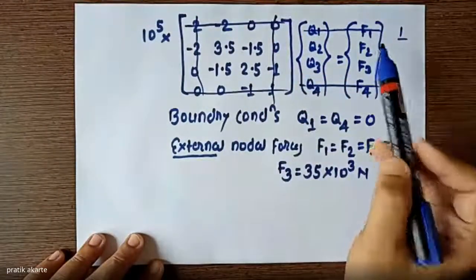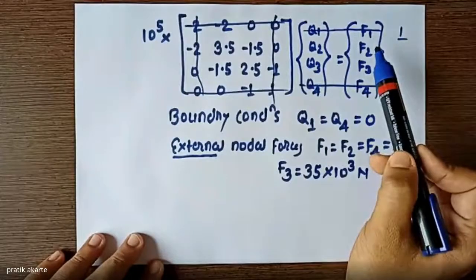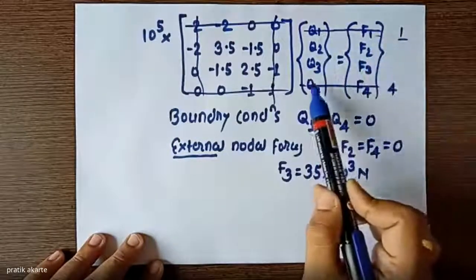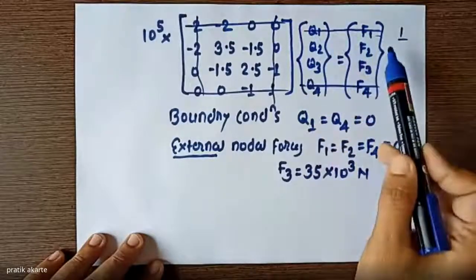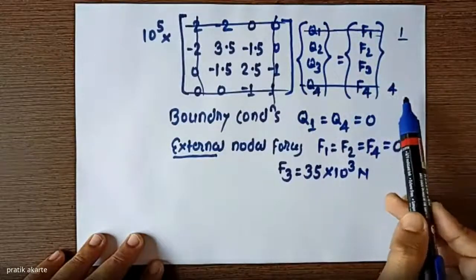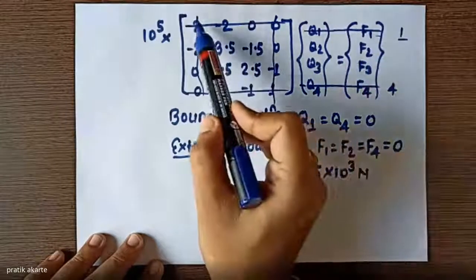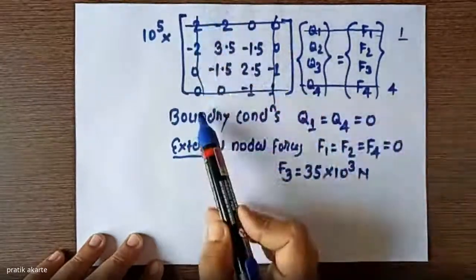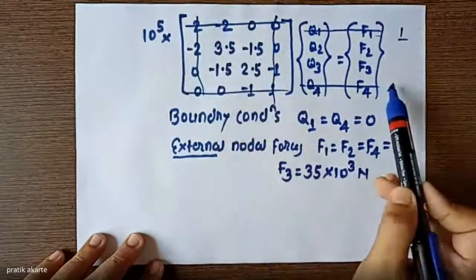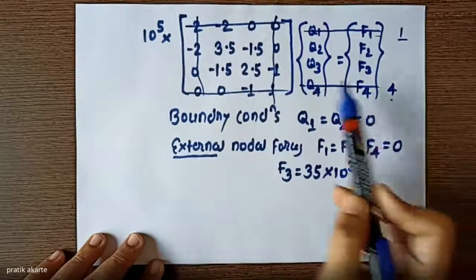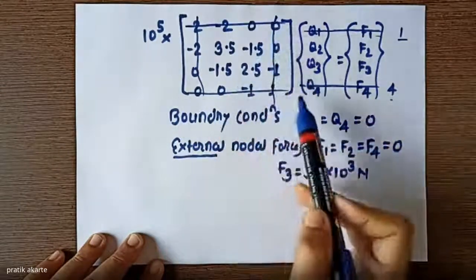Once again, Q1 and Q4 displacement 0 at node number 1 and 4. That's why straight away deleting these rows, these elements Q1, F1, Q4, F4. And since the displacement is restricted at node number 1, thereby deleting row 1, column 1. And displacement is also restricted at node number 4, thereby deleting fourth column and fourth row.